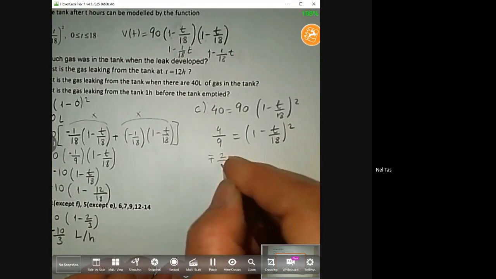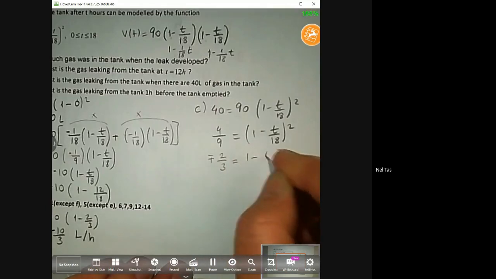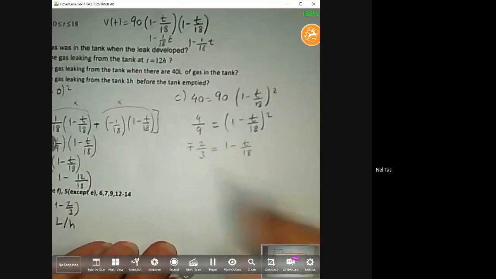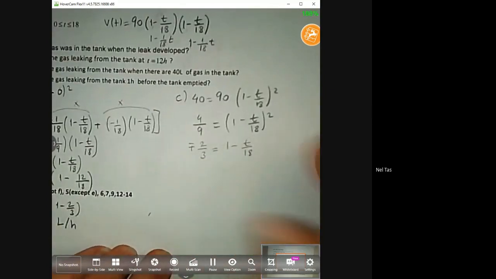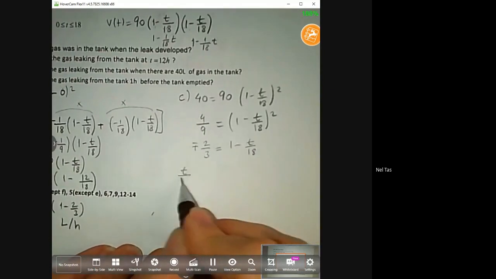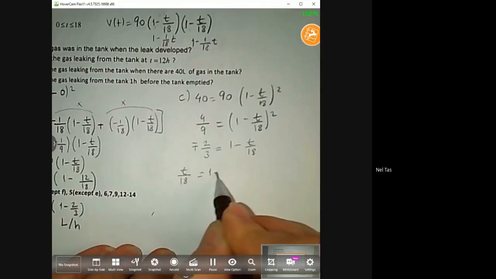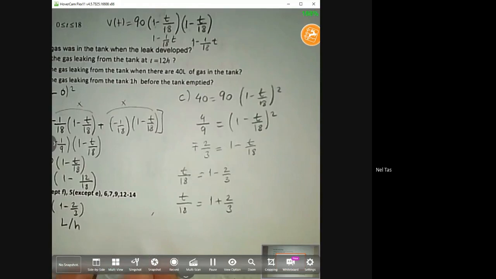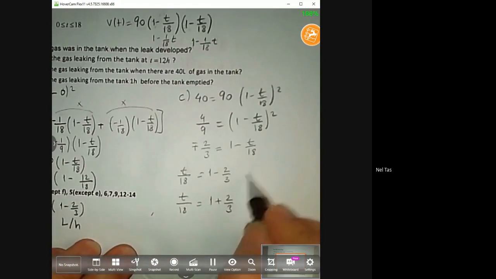Plus and minus 2 over 3 equals 1 minus t over 18. Let's solve for t. Okay, so you get t over 18 equals 1 minus 2 over 3, or t over 18 equals 1 plus 2 over 3. So this one, t over 18 equals 1 over 3.